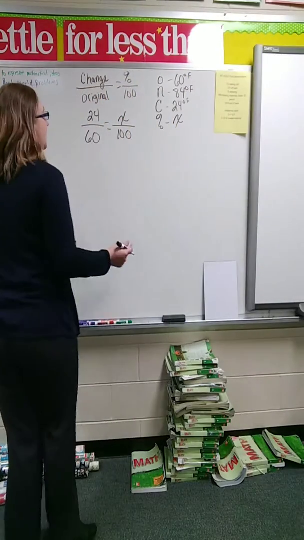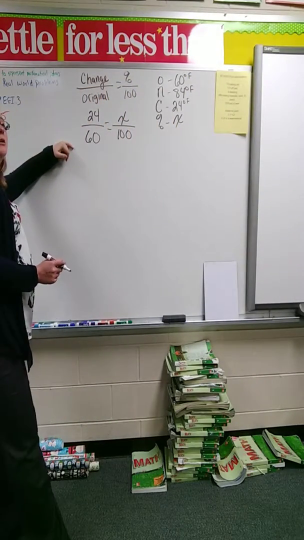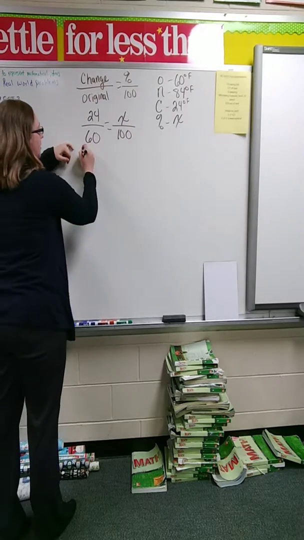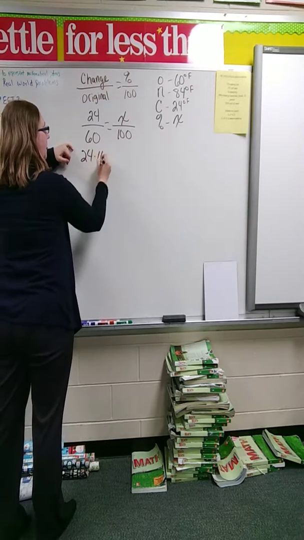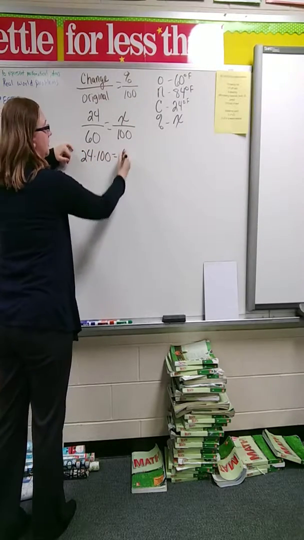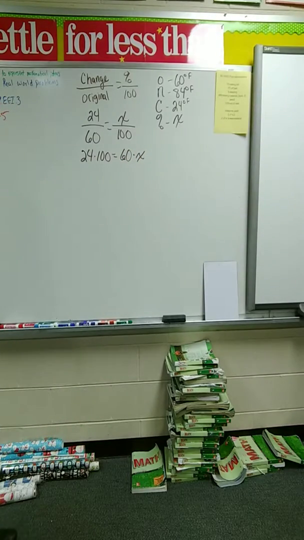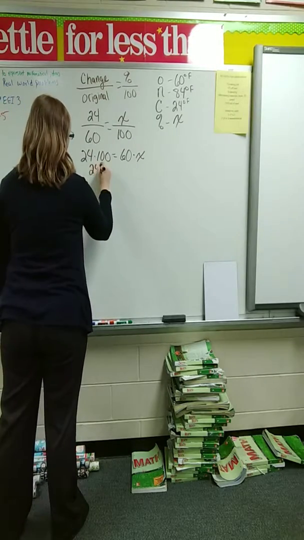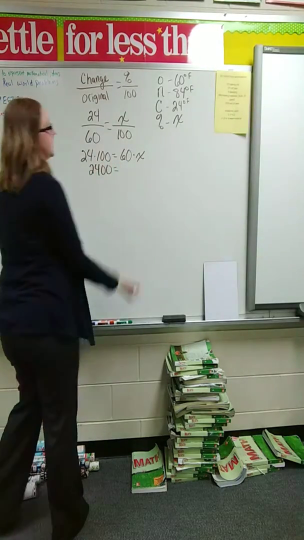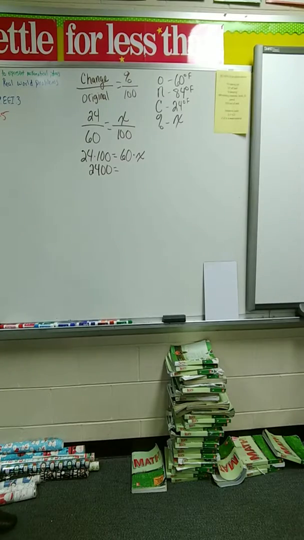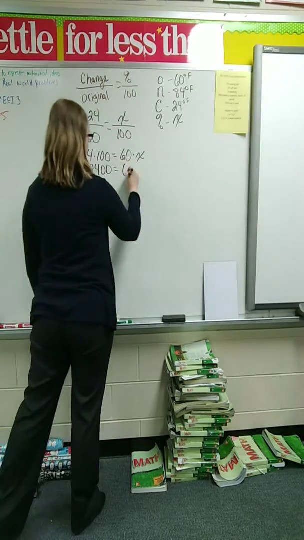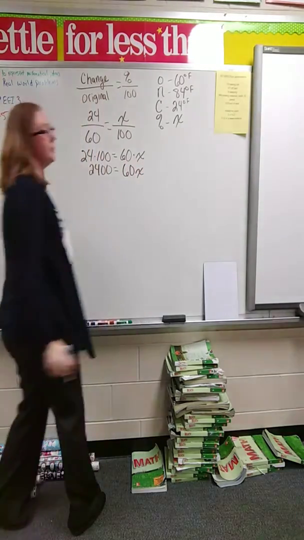When I cross multiply, what does my first line of work look like? 24 times 100, which equals 60 times x. Thank you. 24 times 100 is 2400. 60 times x is 60x.